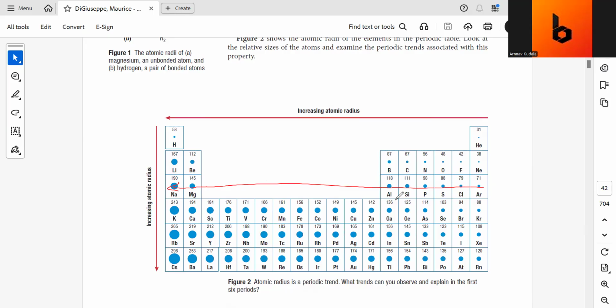Now let us understand the reason for that. They belong to the same period, so they have three shells. Now let us talk about the number of protons.